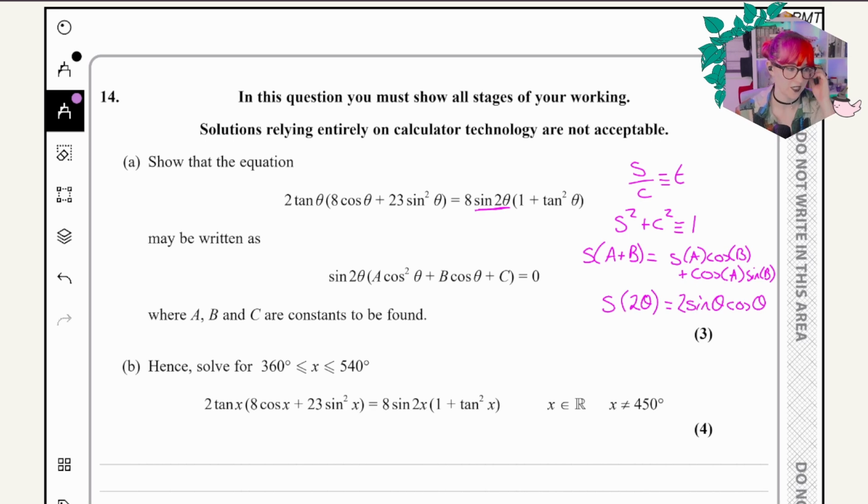And when it's sine, it stays the same. When it's cos, more complicated stuff happens. So that got us sine of 2 theta.